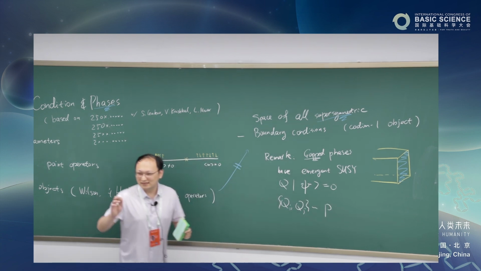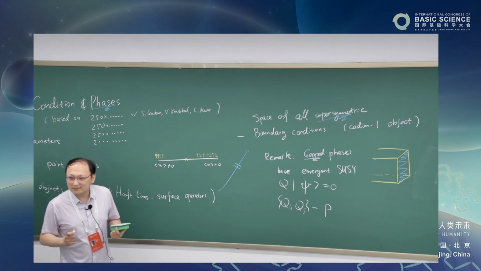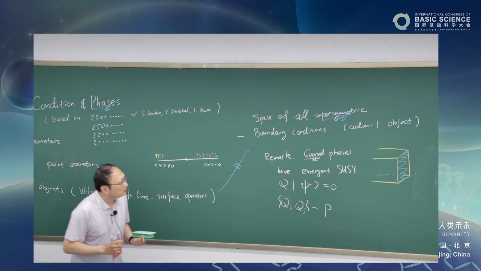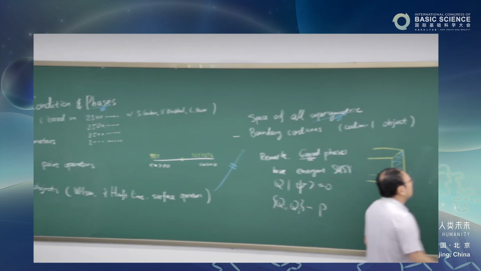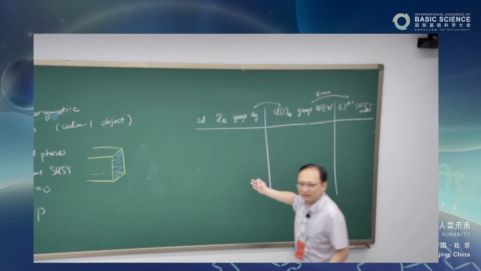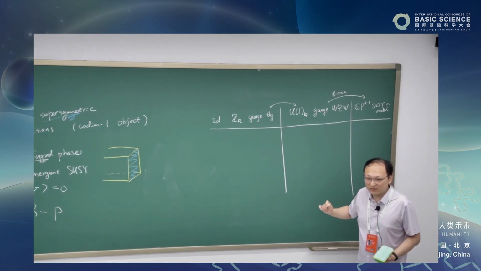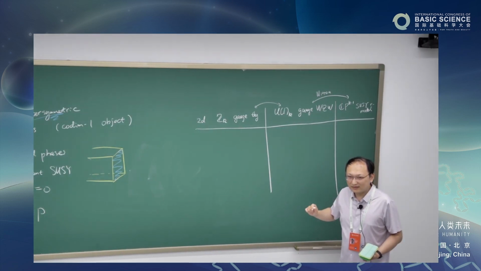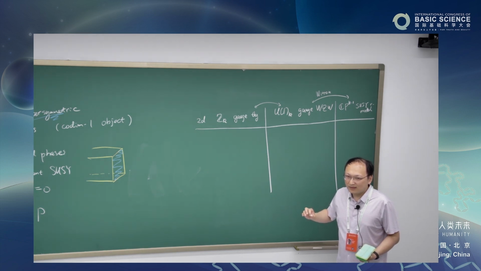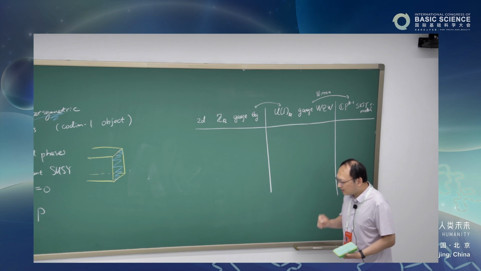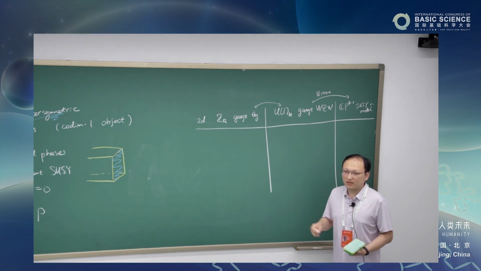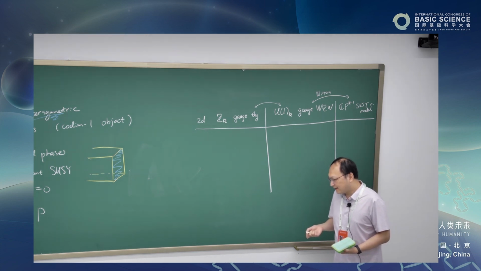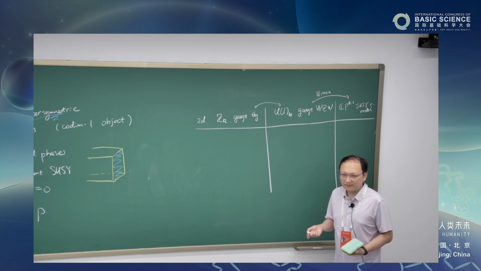Any more questions? Yes. Yeah, so the central charge is just zero. So U(1) level K actually has a central charge if you view it as a 3D theory.